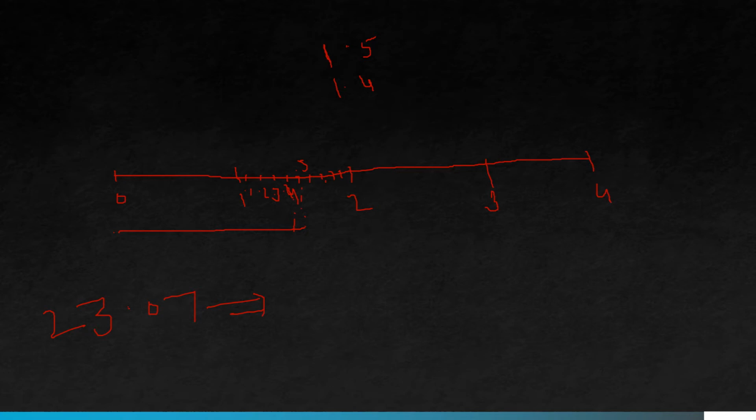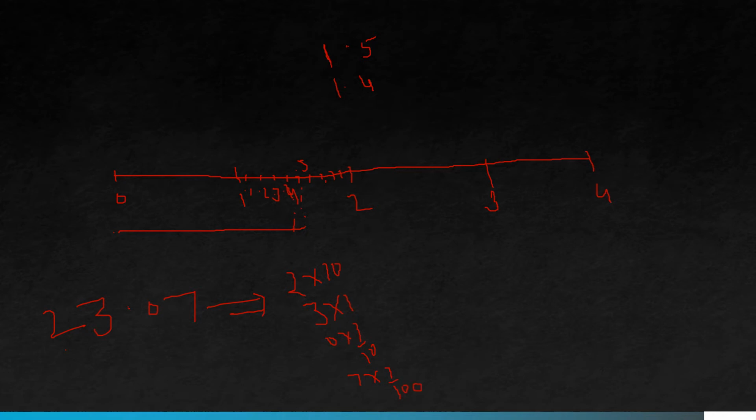I explained this earlier. 23 is the whole number and 0.07 is the decimal part. For 23, because 2 is at the 10th place, it is 2 into 10. What is the place value of 3? 3 is at the unit place, so it will be 3. Now what will be the value of 0? This is at the 1/10th place, right? And 7 is at the 100th place, so 7 into 1 upon 100.